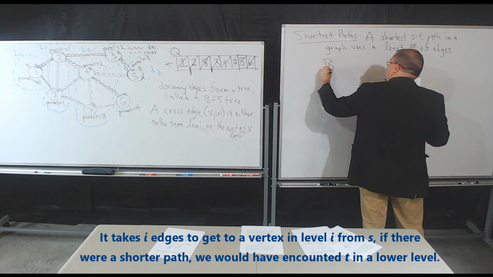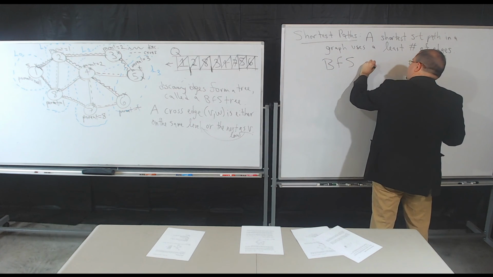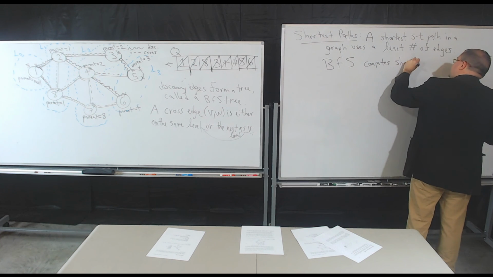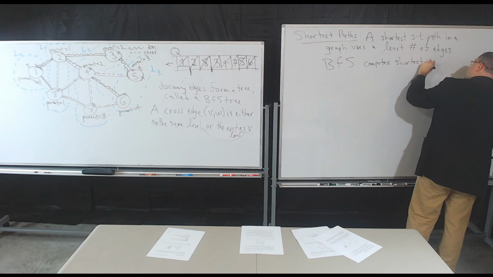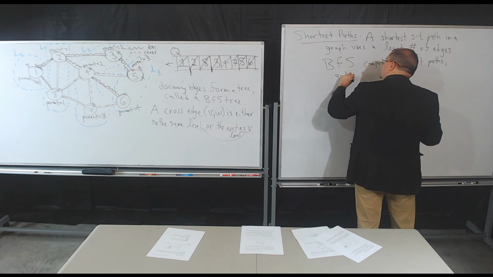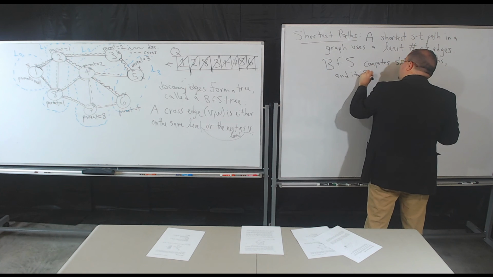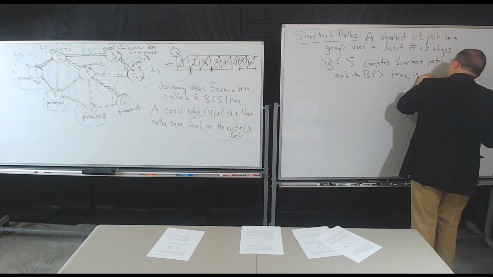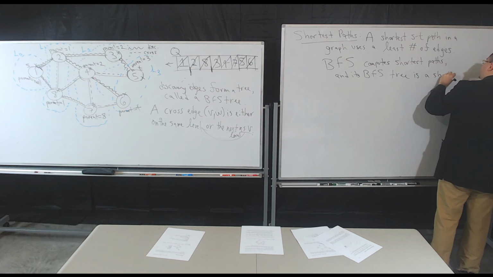So I'm just going to say BFS computes shortest paths and its BFS tree is a shortest path tree.